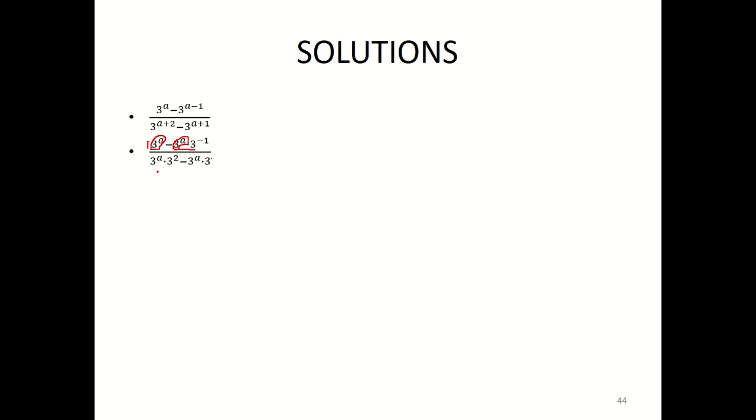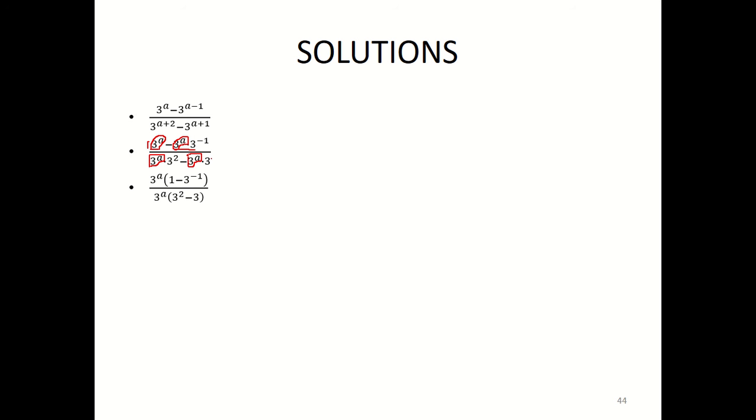In the denominator, what is your common factor? It is still 3 to the exponent of a. So take them out. What are you left with inside the brackets?